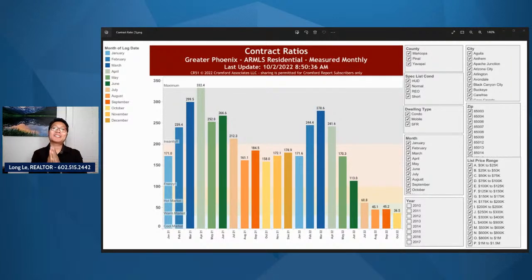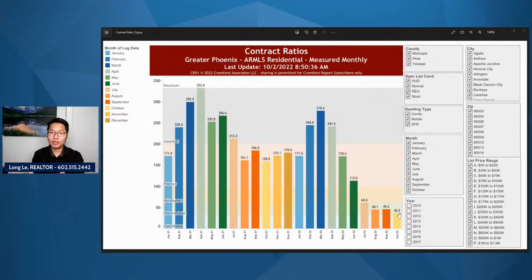The contract ratio is the number of listings under contract divided by the number of listings available. In other words, right here, the number 36.5 means that if we have 36 properties under contract, there are about 100 properties still available to be purchased.